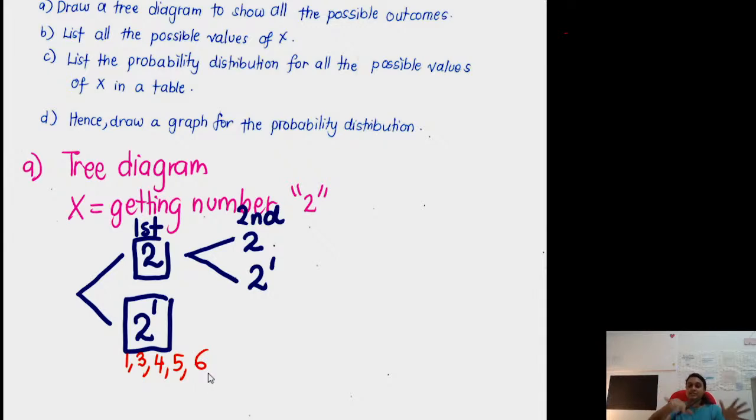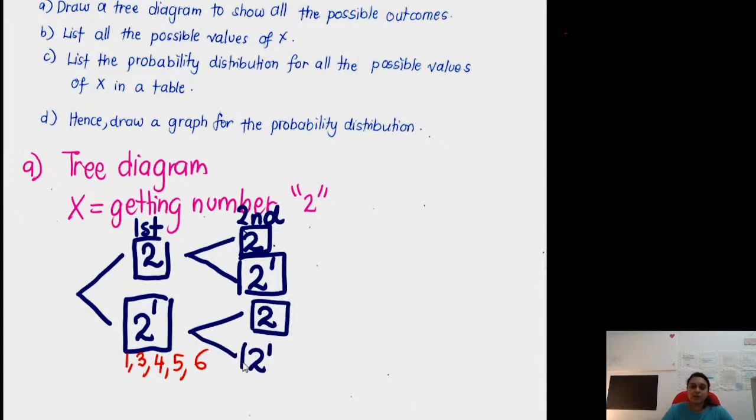Prime is like all these numbers 1, 3, 4, 5, 6. The second time you toss also, you can get number 2 or you can get 2 prime. The bottom one, same. You can get number 2 or when you toss, you get 2 prime. That means not number 2. Okay, so far following up.